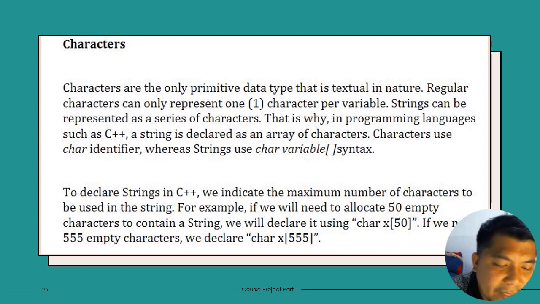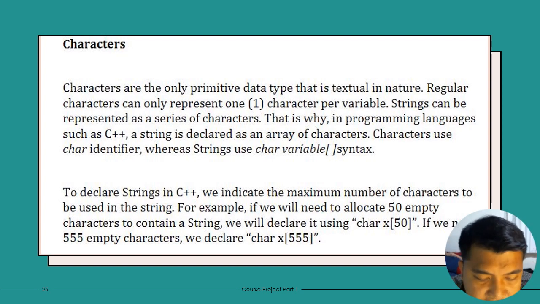Okay? When handling characters, be aware of the encoding used to represent characters. Okay, you have to use the correct type for the data you are storing. And please validate character input to prevent unexpected behavior.